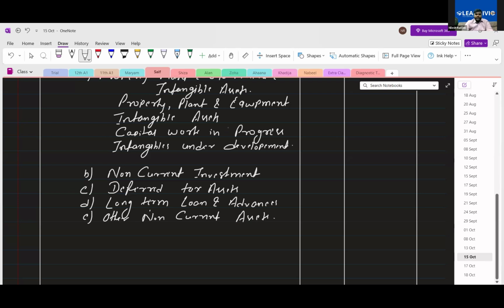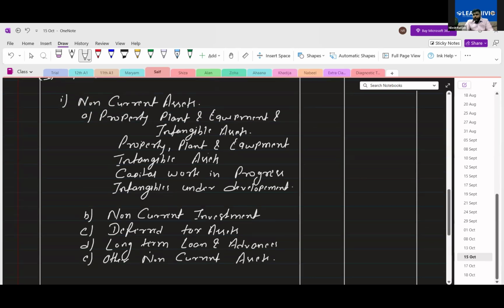So what are these items? Now, under property, plant and equipment, any asset that is used for business purpose for long term, like furniture, machine, building, land, all these items are included in property, plant and equipment. The second is intangible assets. Any item that is used and is intangible, like goodwill, patent, copyright, know-how, trademark, all these are intangible assets.